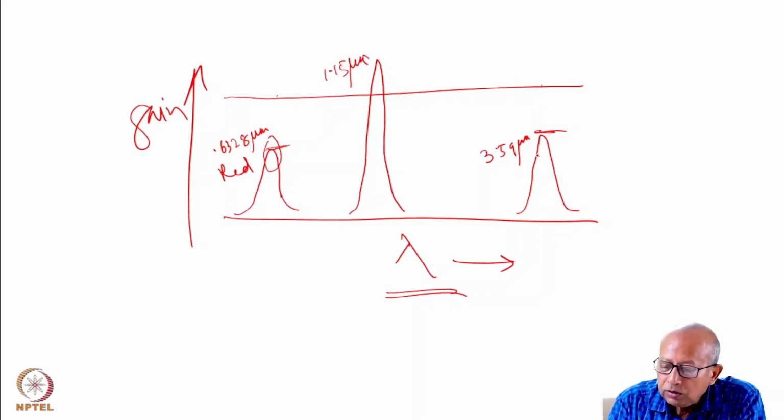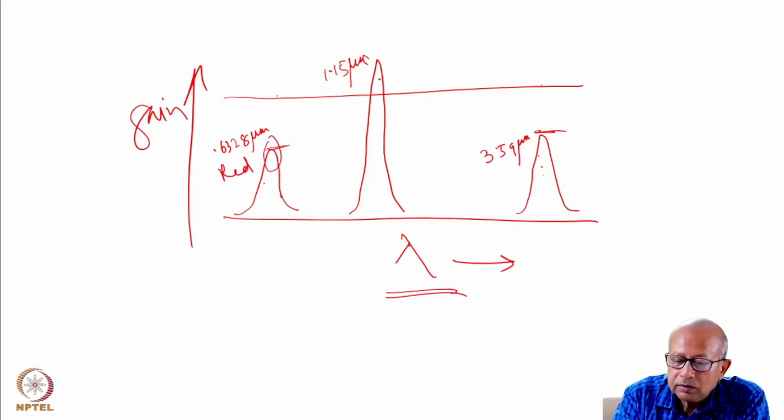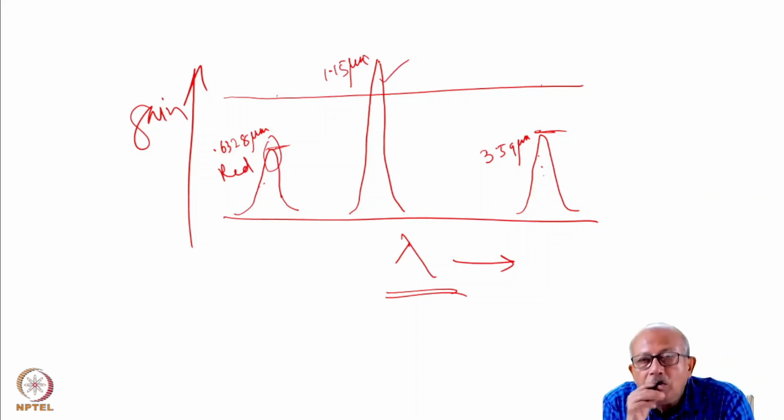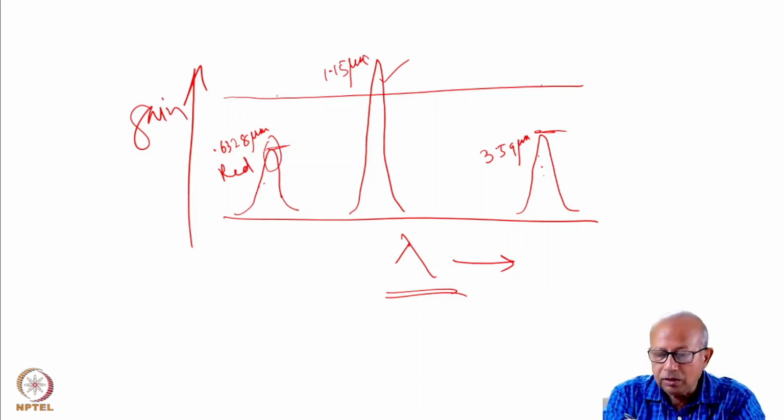Therefore, oscillation or amplification of light at this wavelength is not possible. So only this transition with the highest gain will be able to lase. That is why Ali Javan and his team, when they invented the helium neon laser, obtained emission at this wavelength.